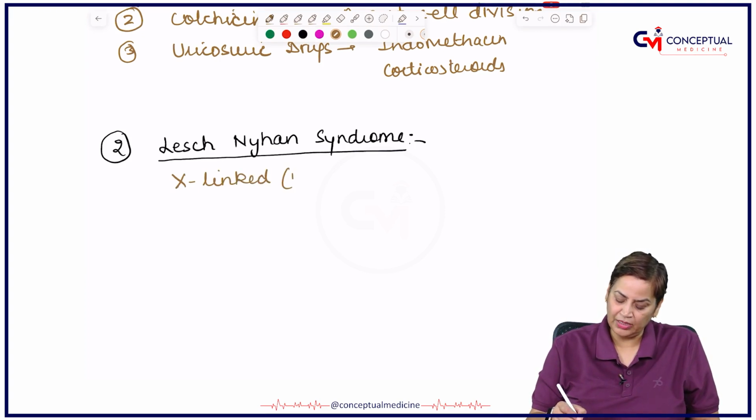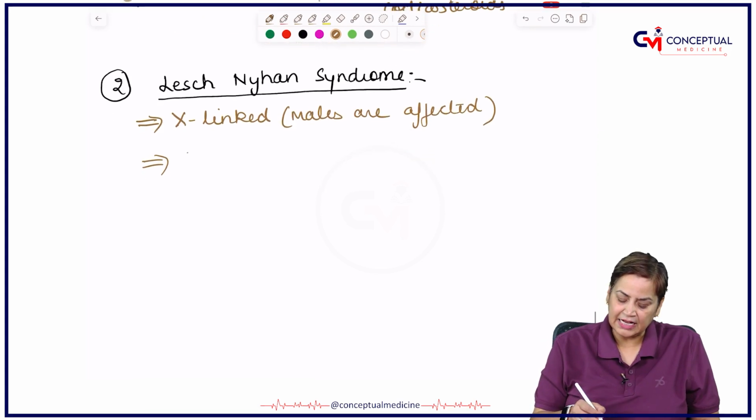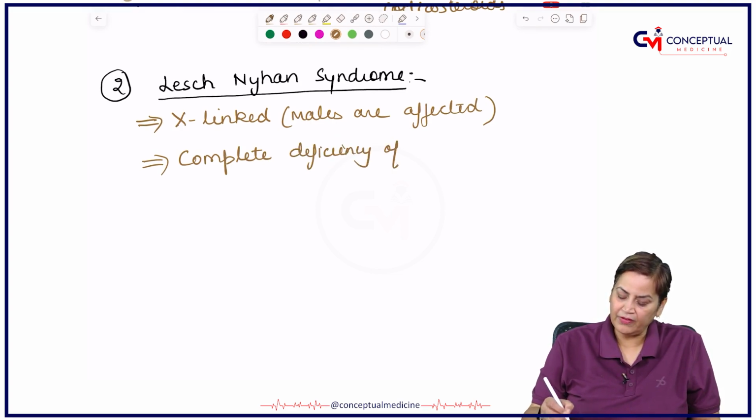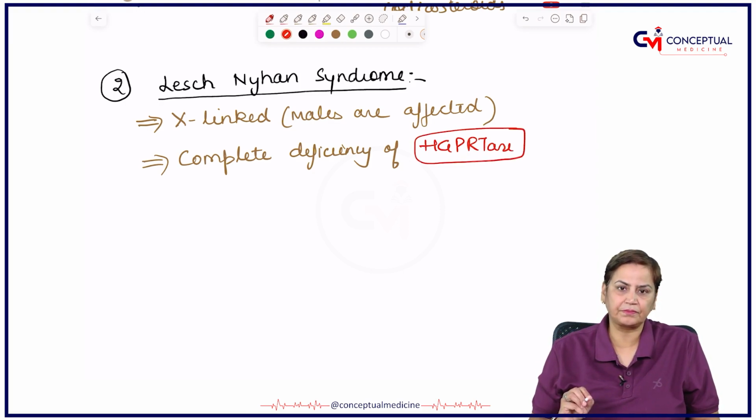X-linked means only males are affected. And if we talk about the root cause, there is a complete deficiency of the enzyme HGPRTase. This enzyme is absent.